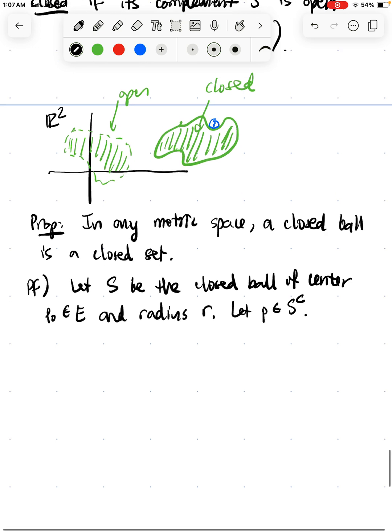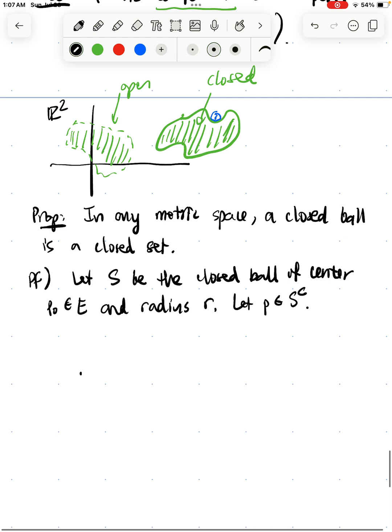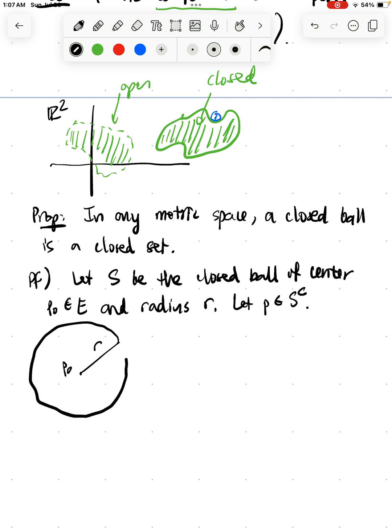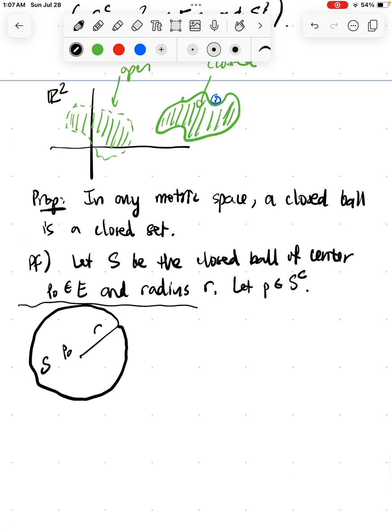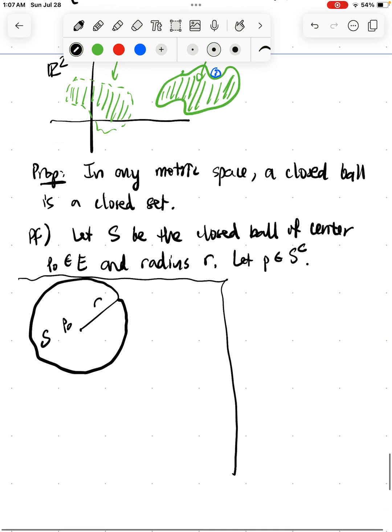Okay, let's draw a picture to get an idea of what that's going to look like. So here's P naught. Let's say this is R. Okay, so here's our set S, say. Let me just do this to make it clear that's just scratch work. And now we have a point P. Now what can we take for our radius around P?